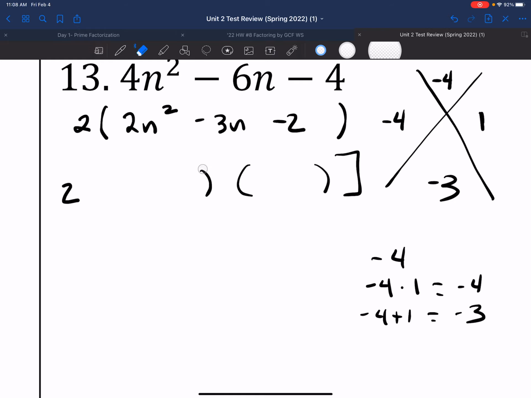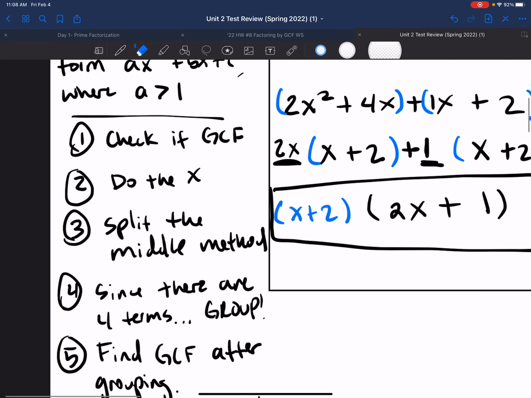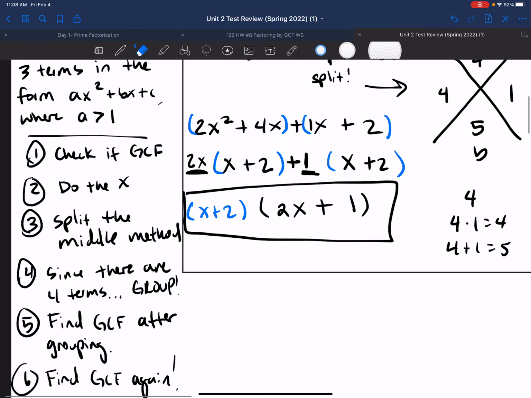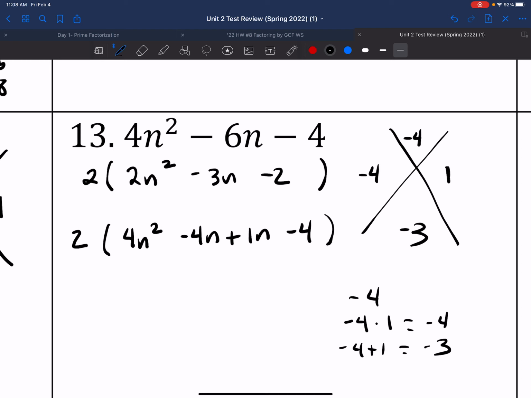Oh, no. Sorry. Remember, we're trying to split, right? Our next step, after we do the x method, is to split the middle term. So I write 4n squared minus 4n plus 1n minus 4. Okay? And I'm going to change these two brackets instead. And then I'm going to group them up.